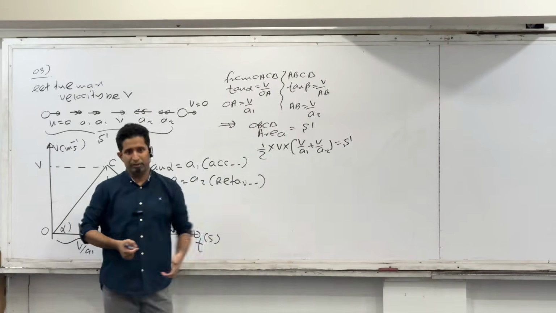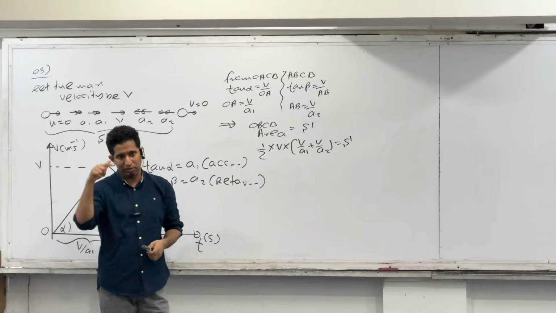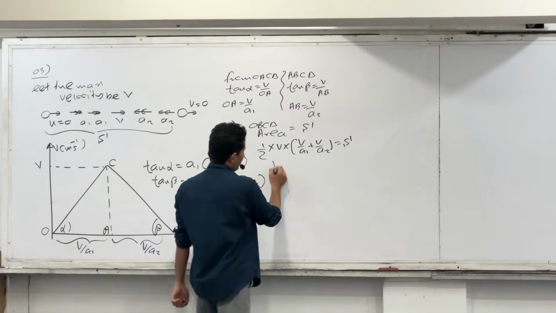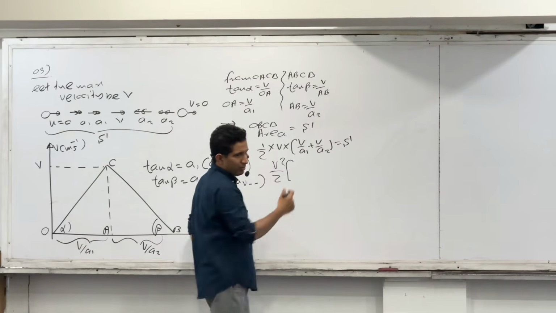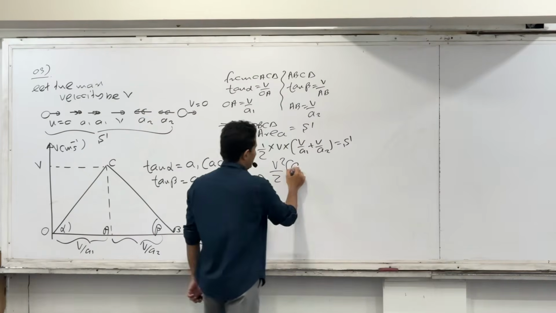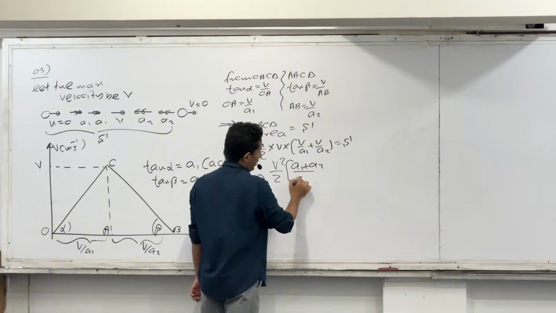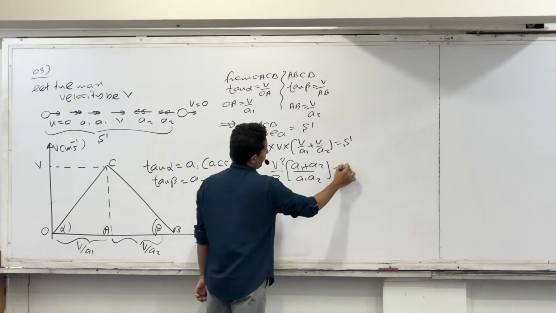Simplifying, v squared divided by 2 times (1 over a1 plus 1 over a2), that is (a1 plus a2) divided by a1 a2, equals S.